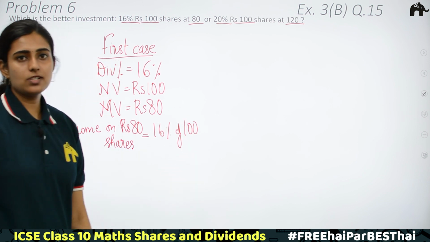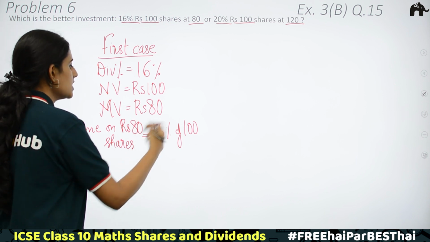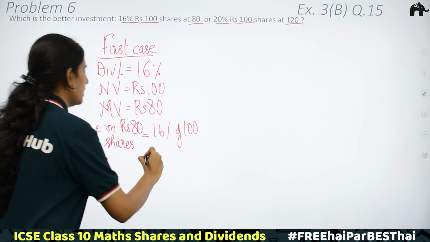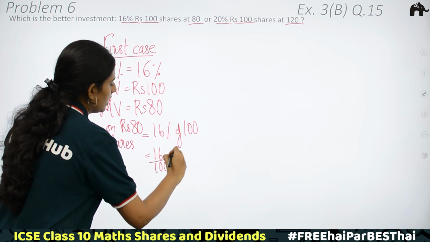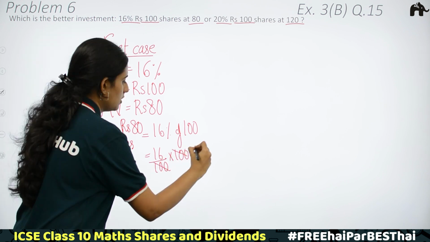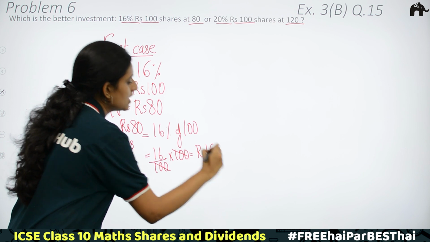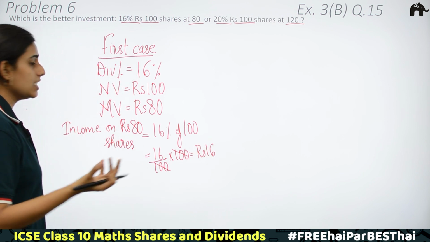Do you have any doubts? We know income and dividend are the same. 16% of 100 is equal to 16 by 100 into 100. You will be getting rupees 16. This is for rupees 80 shares.